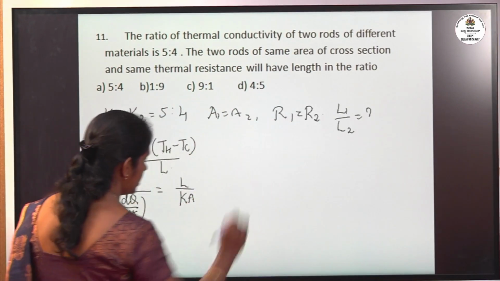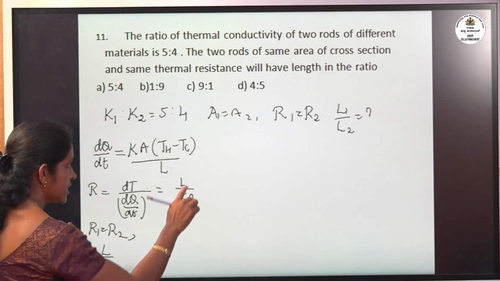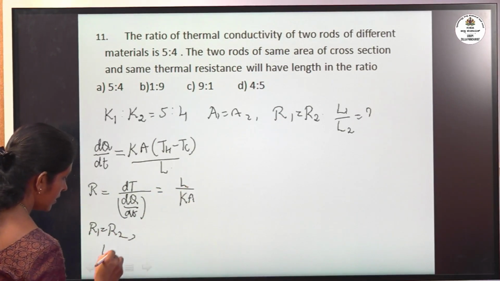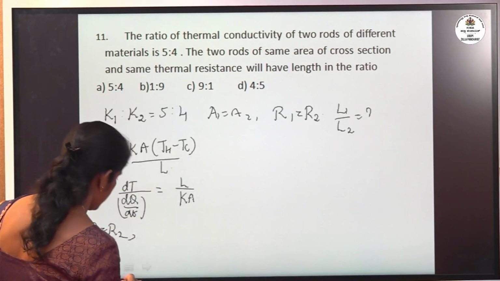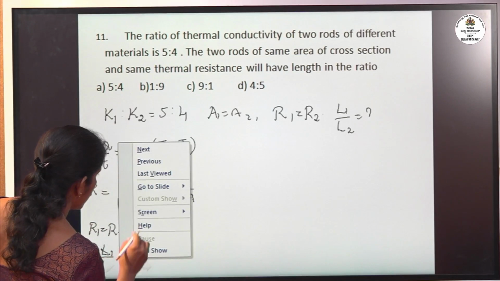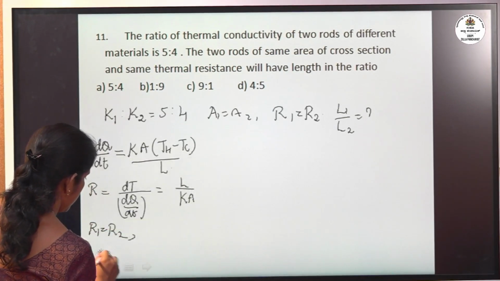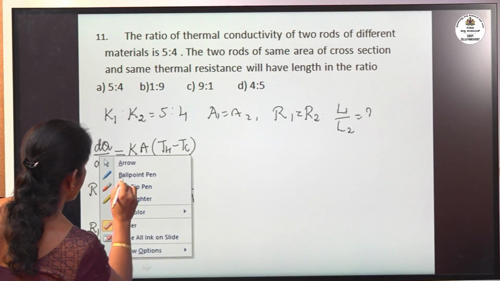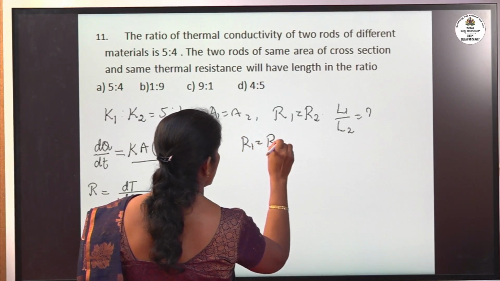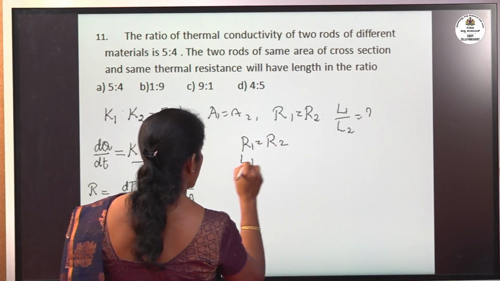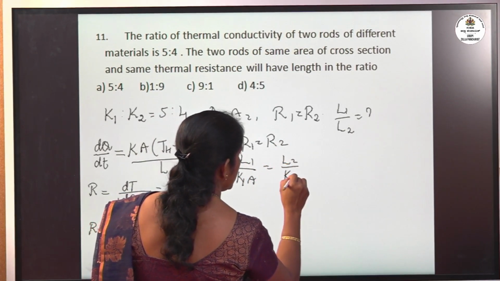Calculate L1 by L2. R1 is equal to R2, and R is L by KA. R1 is equal to R2 implies L1 by K1A is equal to L2 by K2A.